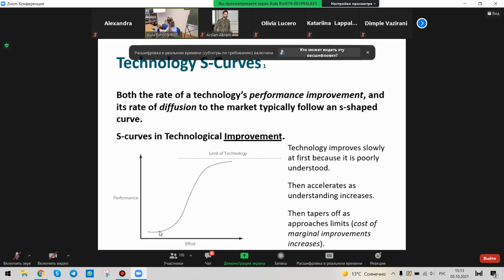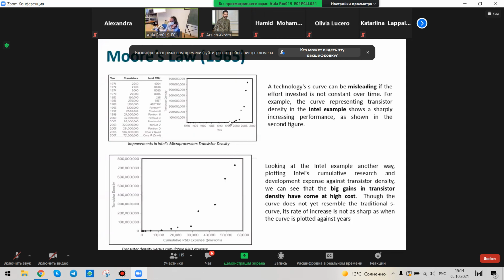So just to stay on this, so on the improvement of the technology, so how technology evolves within a market or within an industry, we have that starting from the x-axis that represents the effort, a specific law has been developed by Moore, that was an engineer and also one of the co-founders of Intel.